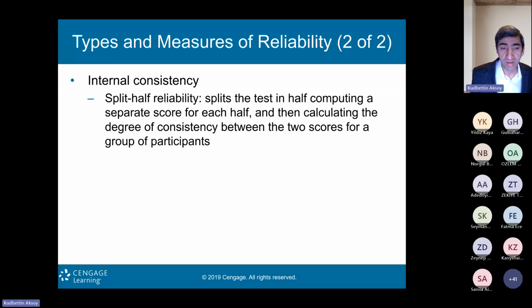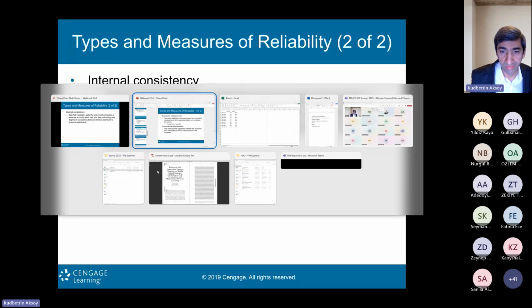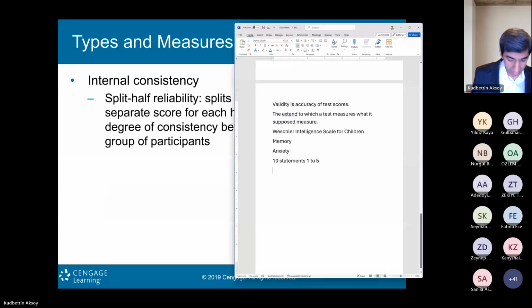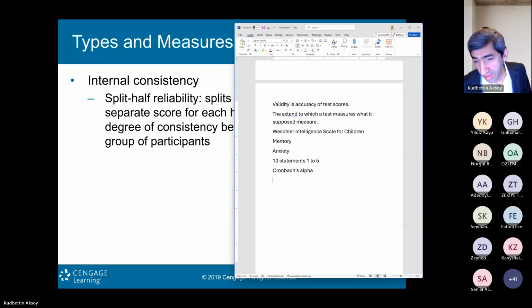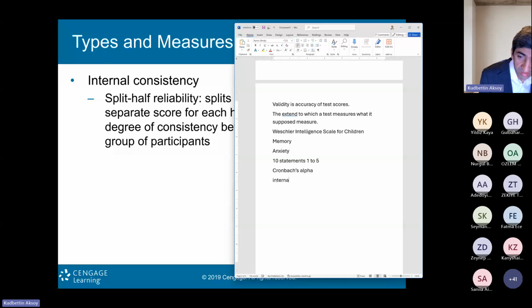And then he came up with something called Cronbach's alpha. I'll write it down so you can spell it. You give the test only once, but you get to check the internal consistency of the test measures.